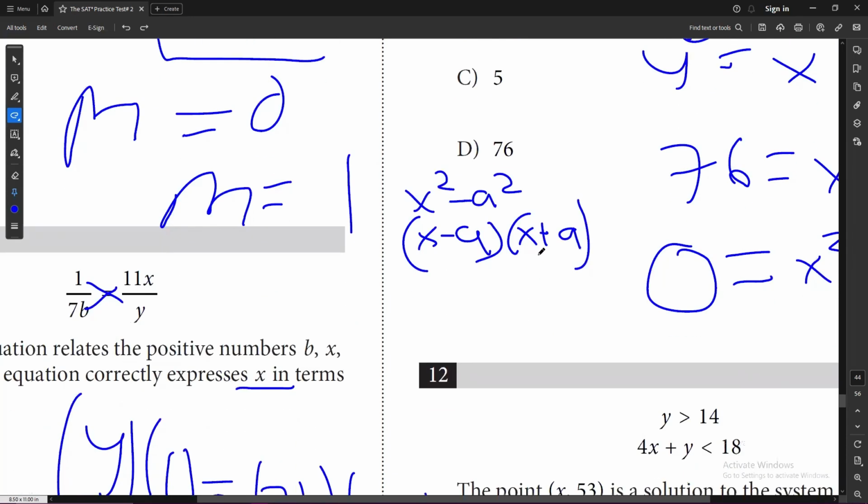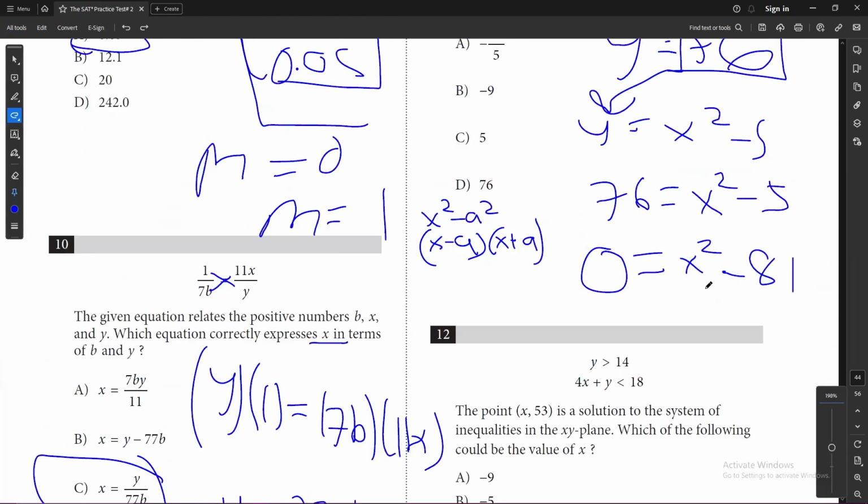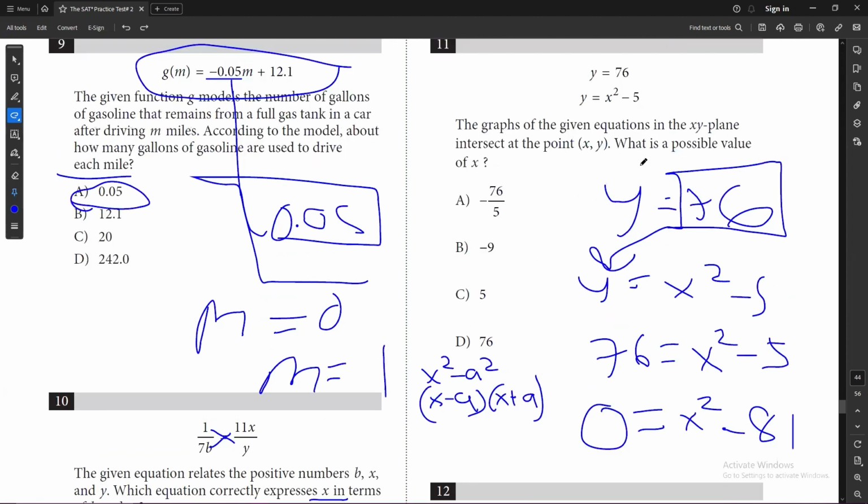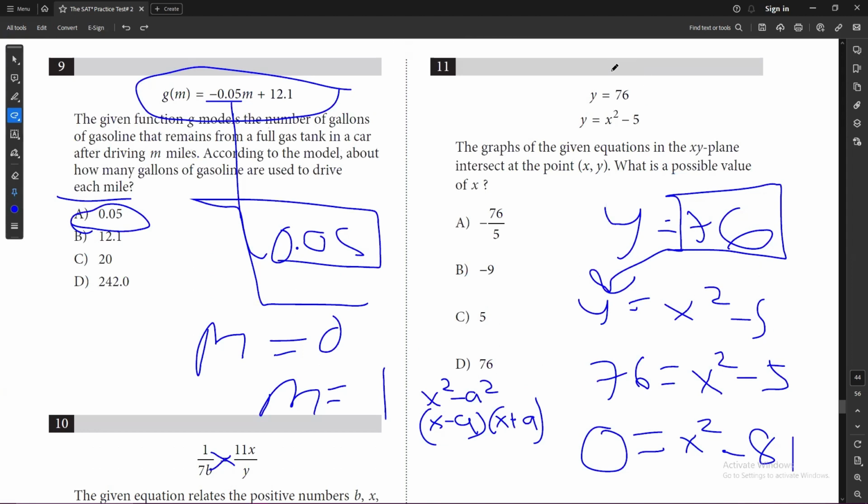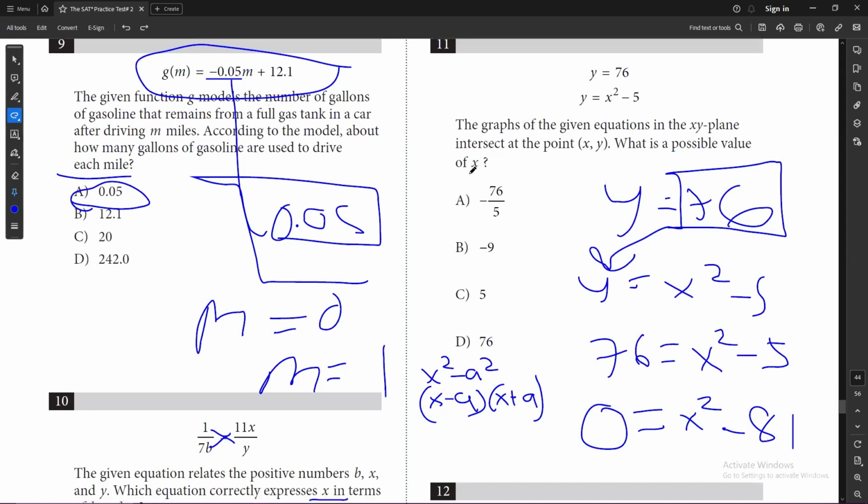And if we do this in our question, we're actually going to end up finding the roots of this equation. So if we find a root, we can just plug this in, and they're asking for our x value, which is our root.